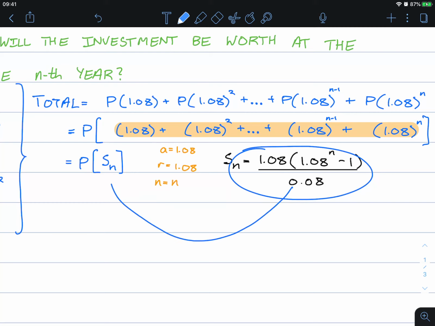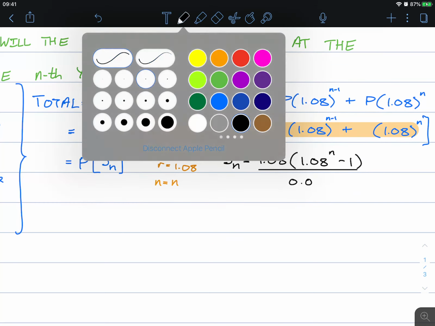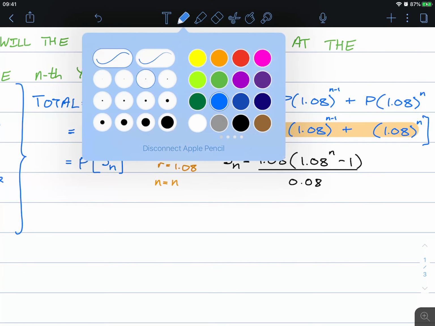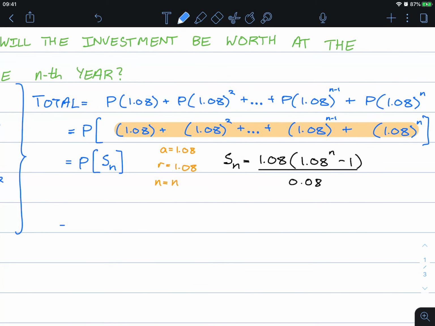Substituting this into our expression here, or you could have just done it all in one go. Just showing you this off to the side so you can see. So it's going to be 10,000 times 1.08 times 1.08 to the power of n minus 1, all over 0.08.